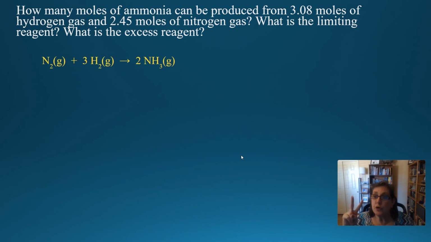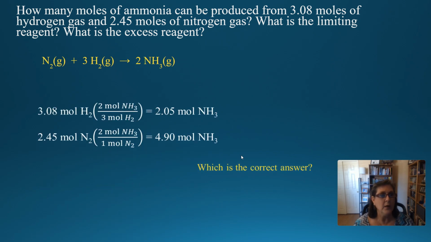We're going to do two separate problems based on each of the starting amounts, just like we did on the previous slide. We're going to start with 3.08 moles of hydrogen gas and calculate how much ammonia we can make. Then we're going to do 2.45 moles of nitrogen gas and calculate how many moles of ammonia we can make. And then we'll examine those two answers to see which one makes sense.